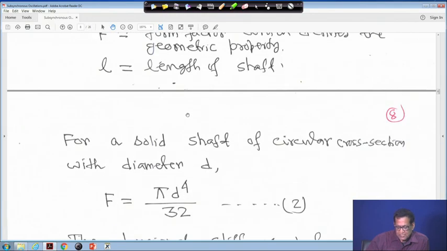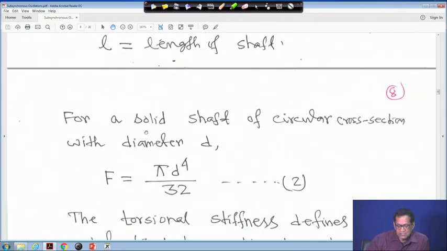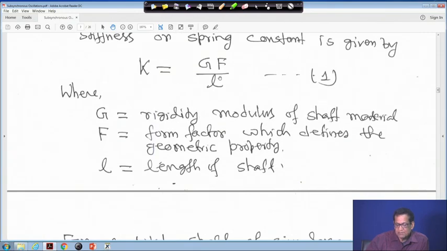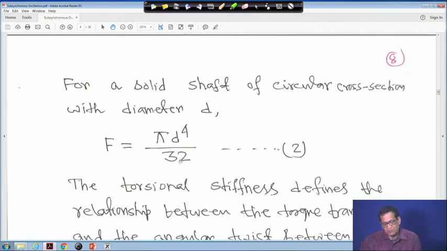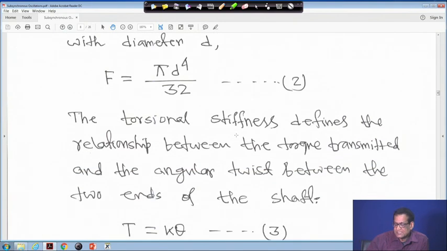Now, for a solid shaft of circular cross section with diameter d, F is the form factor which defines the geometric property. So, F is equal to pi d to the power 4 by 32, this is equation 2. The torsional stiffness defines the relationship between the torque transmitted and the angular twist between the two ends of the shaft.